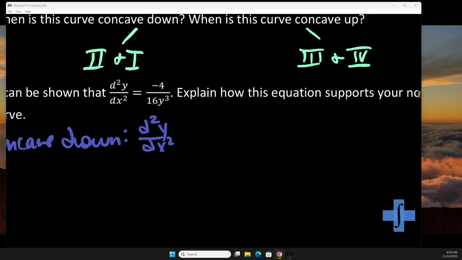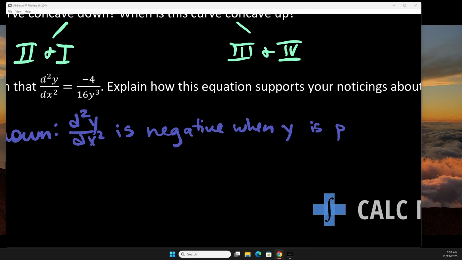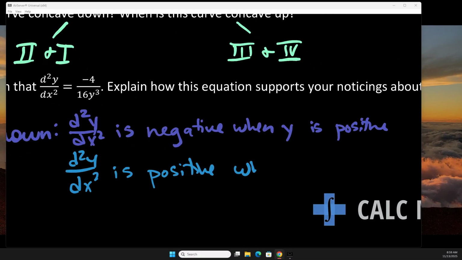So that's going to happen when y is positive. Alright, and then concave up is going to be when y is negative, which is going to be in quadrants 3 and 4.